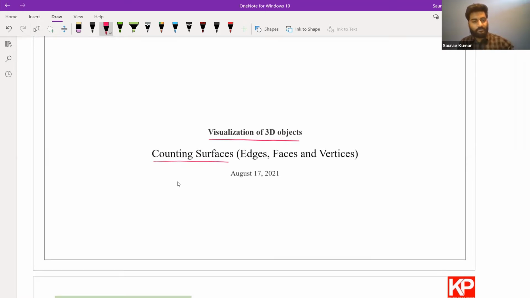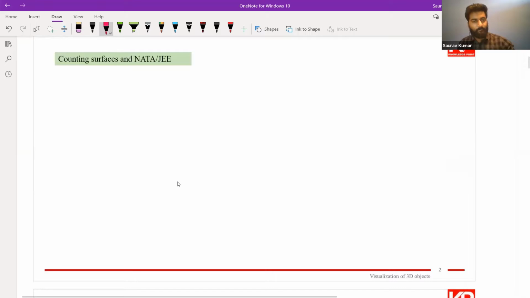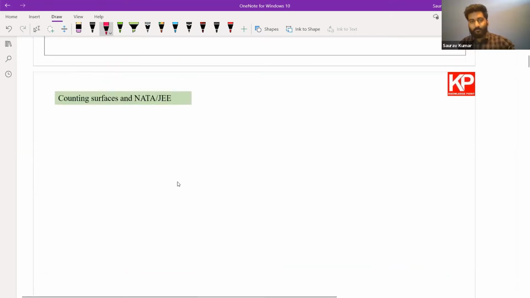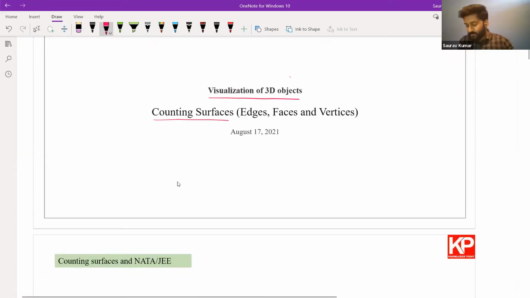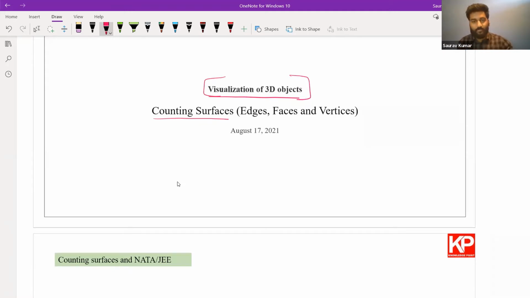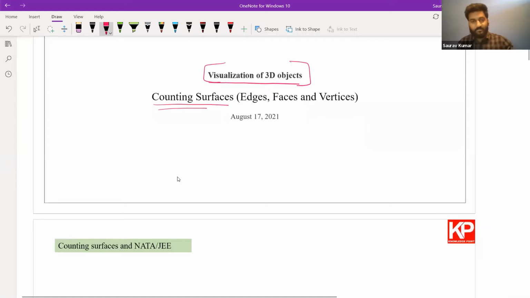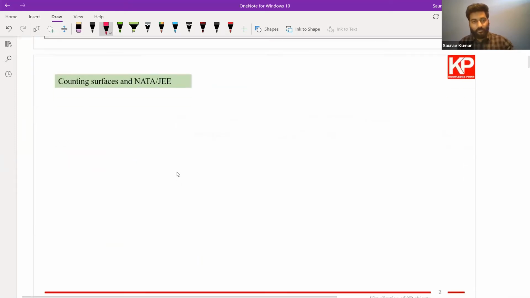Out of the broad heading, the visualization of 3D objects, in our first class of this head, I told you that you can expect at least 8 to 10 or more questions from the visualization part. But counting surfaces is also important for your exam.